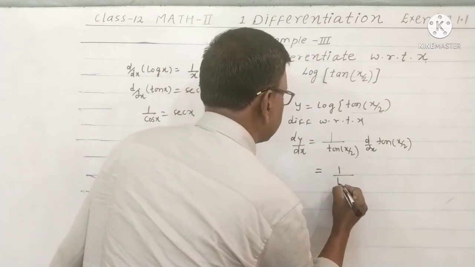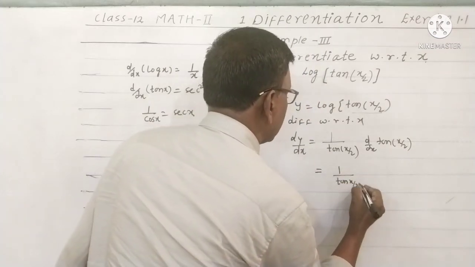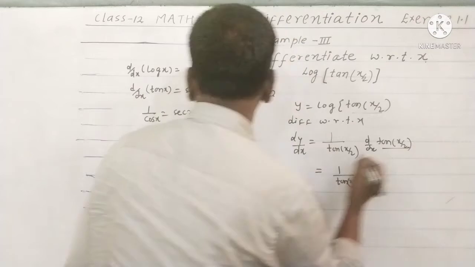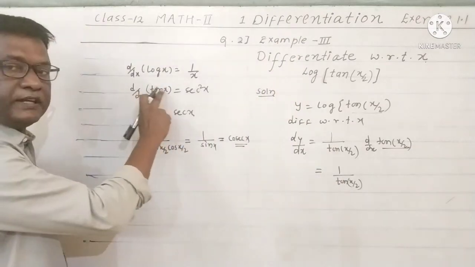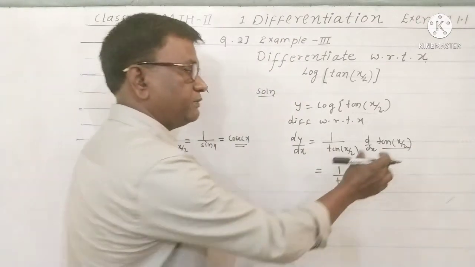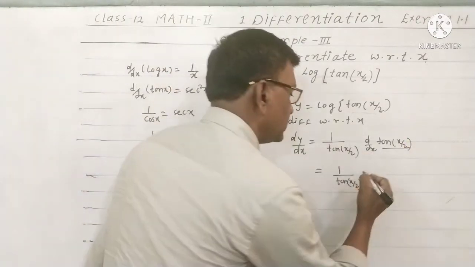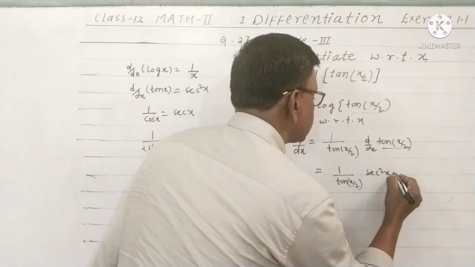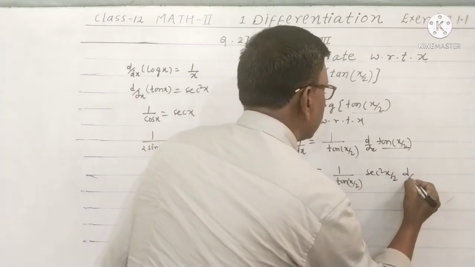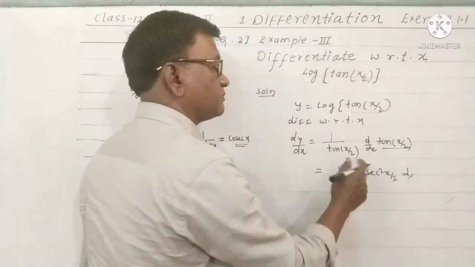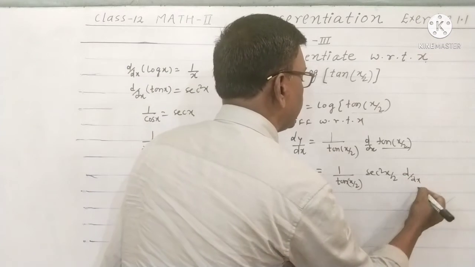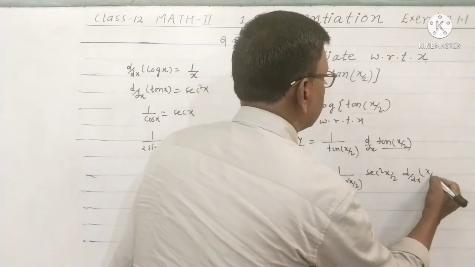The derivative of tan x is sec square x, so the derivative of tan x by 2 is sec square x by 2. Again, instead of x here is x by 2, so again take the derivative d by dx of x by 2.